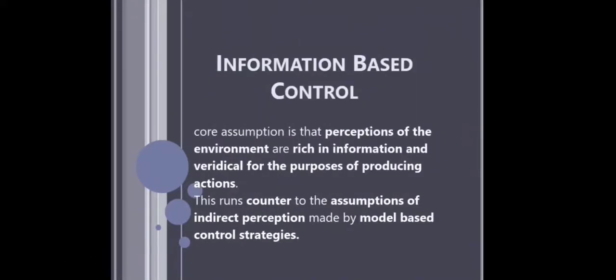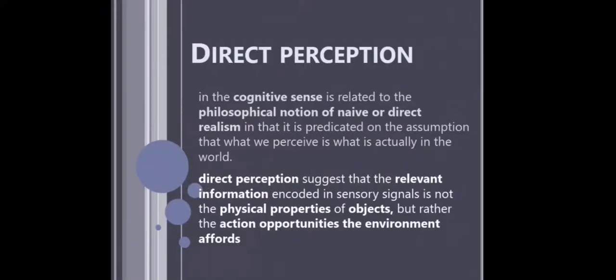So, okay. In information-based control, there are two main ideas: first is direct perception and second is the behavioral dynamics. First, direct perception.